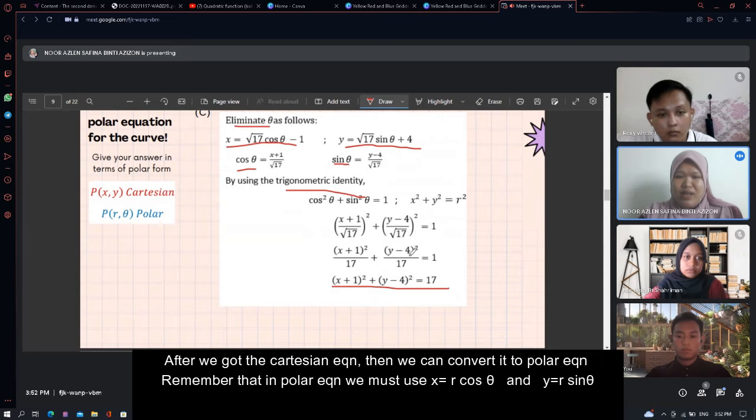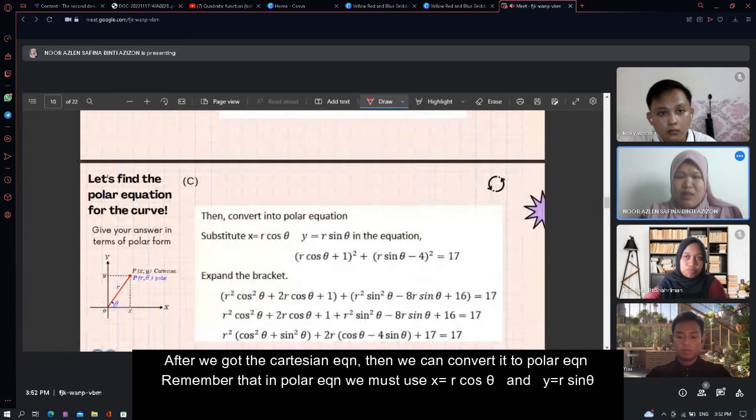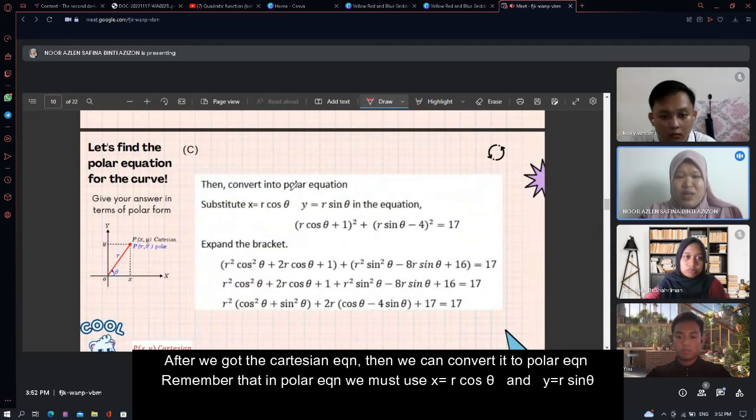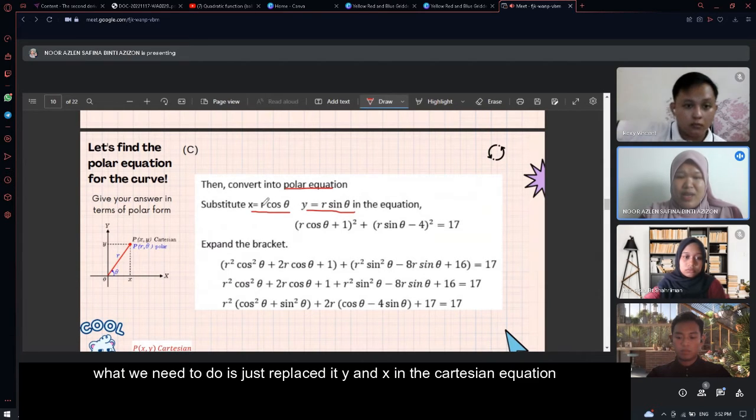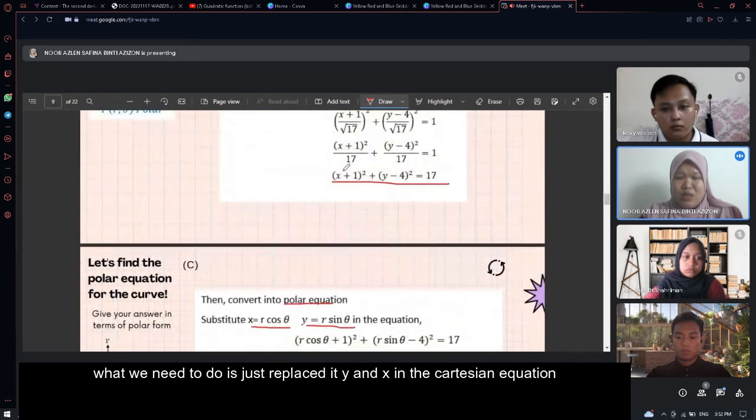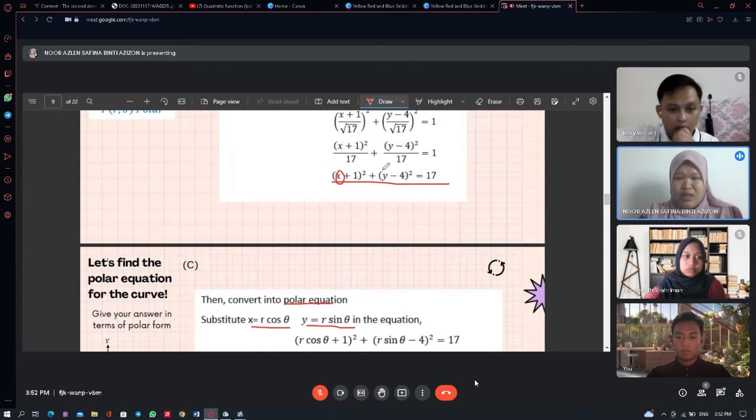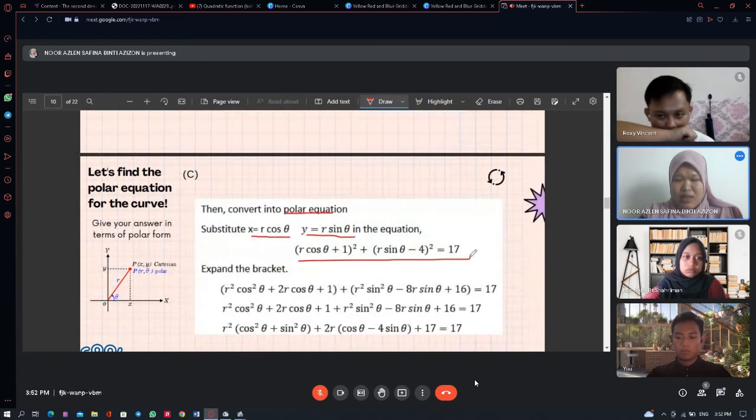After we get the Cartesian equation, we can convert it to a polar equation. Remember that in polar equations, we must use x equal to r cos theta and y equal to r sin theta. We just replace y and x in the Cartesian equation here and here, and then we get this.